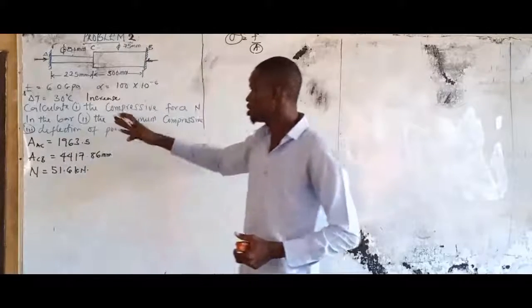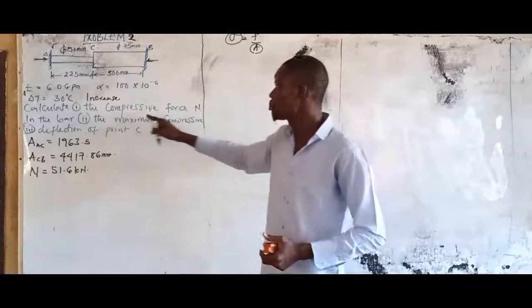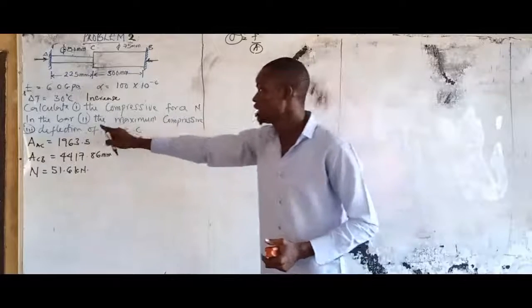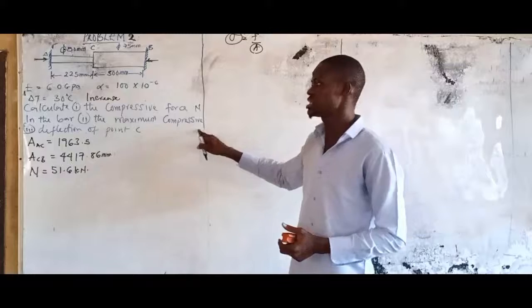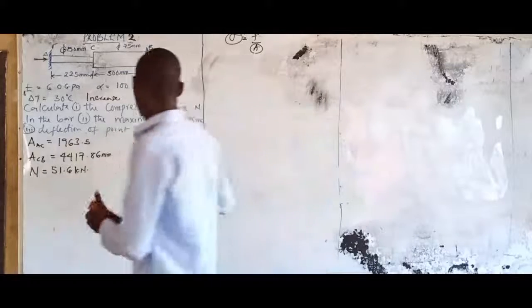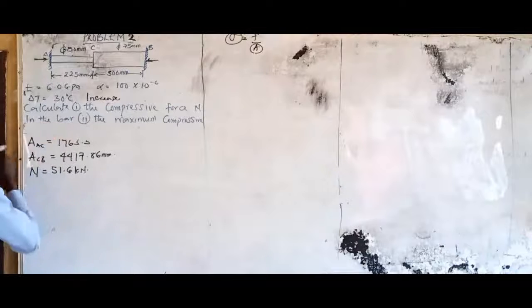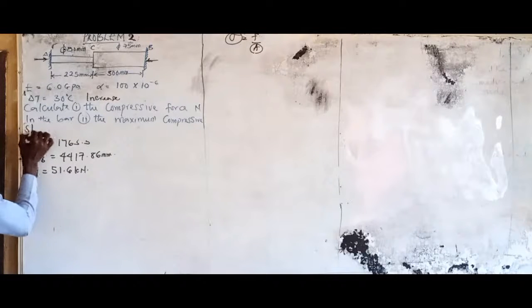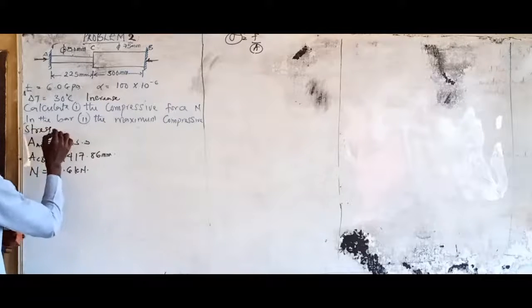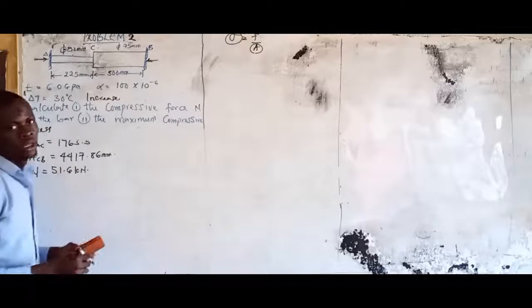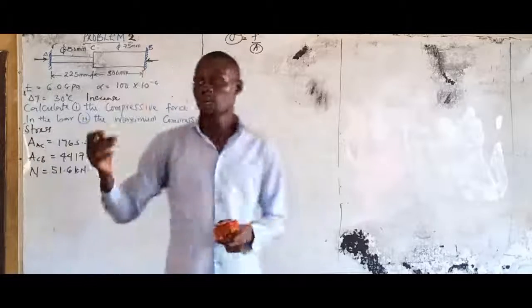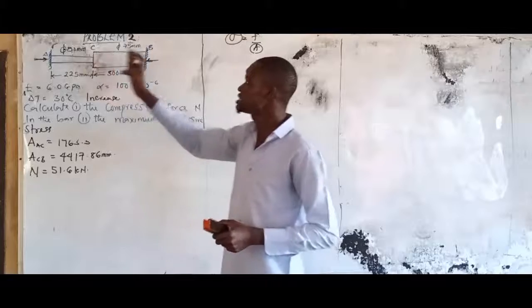Now, the question on the board says to calculate the maximum compressive stress in the material, in the bar. We are going to look between AC and CB.